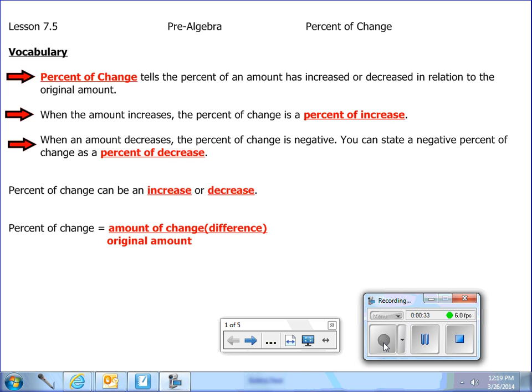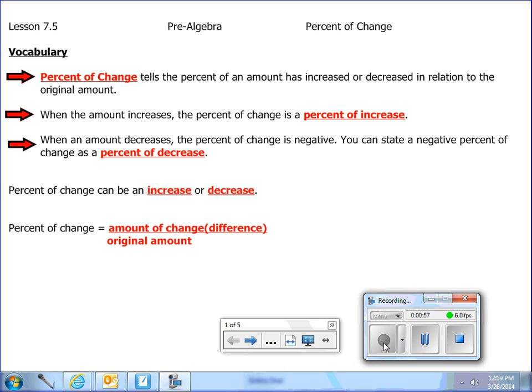So the formula that you're going to need to remember in order to determine the percent of change is the amount of change, the difference in the two amounts, as the numerator, over the original amount. So in a real-life example, President Obama is wanting to increase the minimum wage.